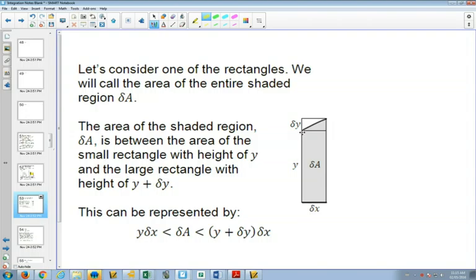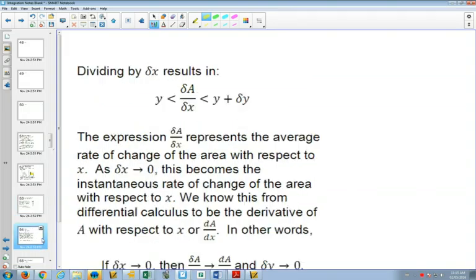So this area can be represented as an inequality. The small rectangle, length times width, is y delta x, and the bigger rectangle is y plus delta y times delta x. Now, if we divide both sides by that delta x, we get the following inequality.